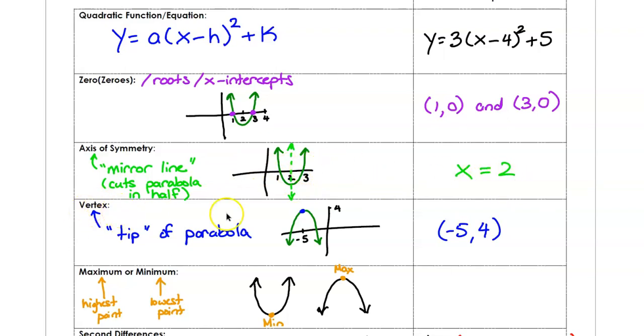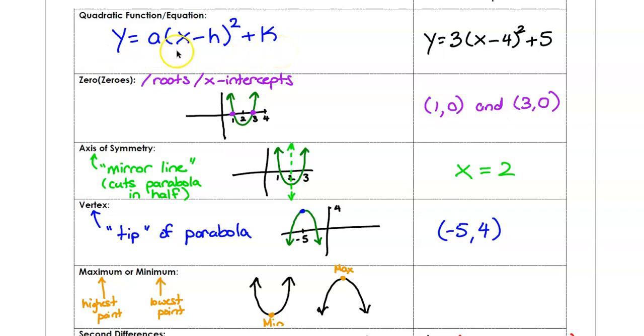You know the vertex is the tip, and we write it as a coordinate. Okay, maximum means, like if it's upside down, it goes through a highest point, a maximum, but if it's right side up, like normal, like a happy face, that bottom point is called the minimum, and so that is called the lowest point. Right, and right at the very top is this new form that I wanted to show you that a quadratic is written in. This again is called vertex form.